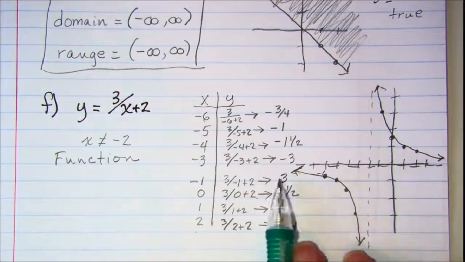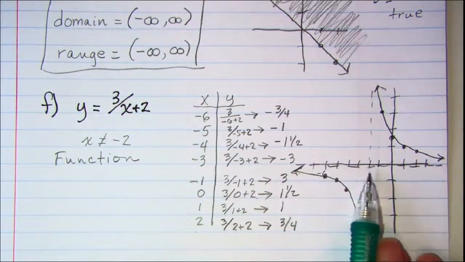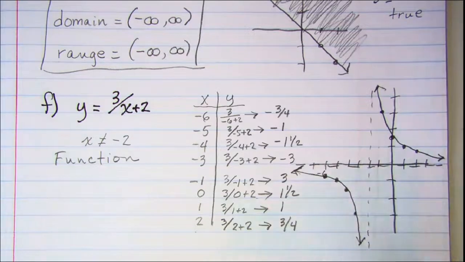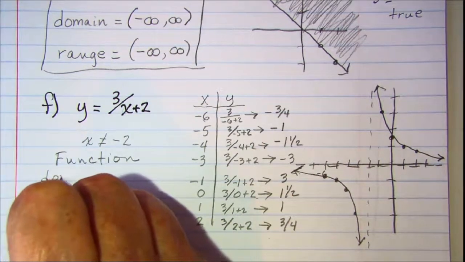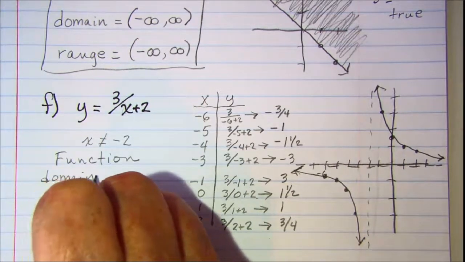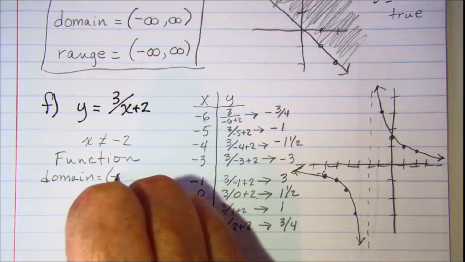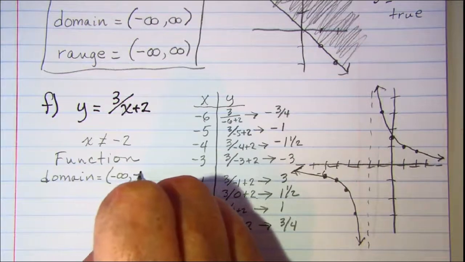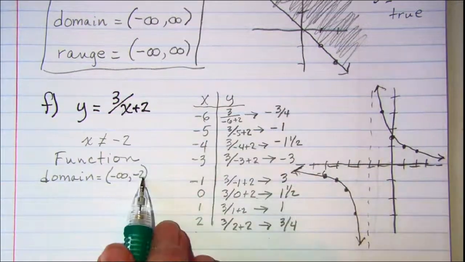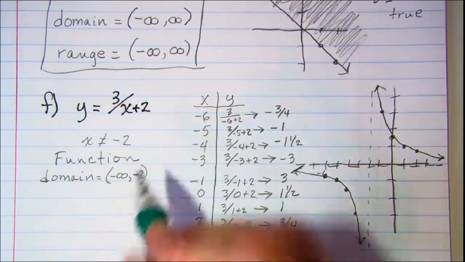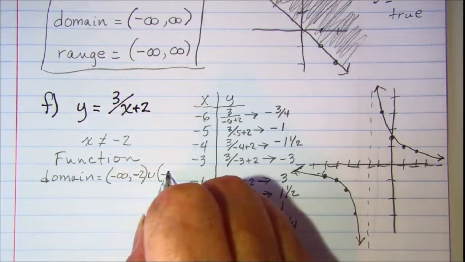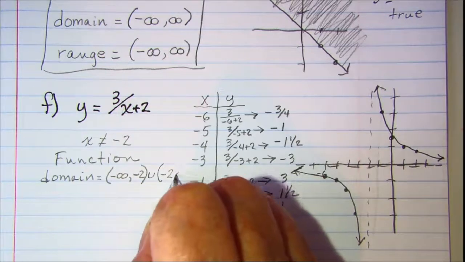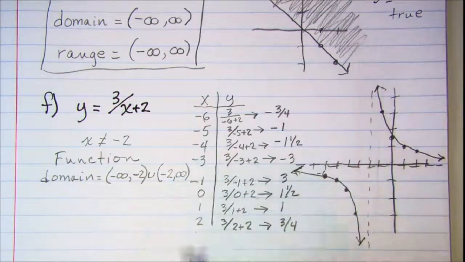The domain is going to be all real numbers except x is not equal to negative 2. So the way we show that with interval notation is from negative infinity to negative 2, so we're not going to include the negative 2, union with, and then we'll pick it back up on the other side of negative 2 and go to positive infinity.